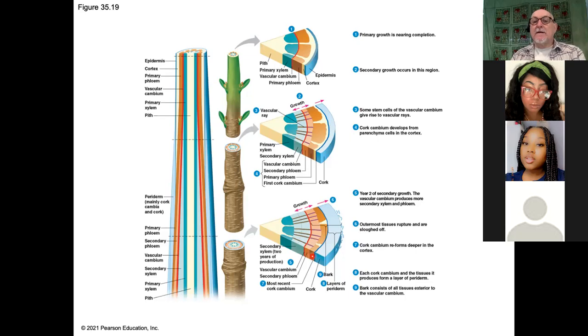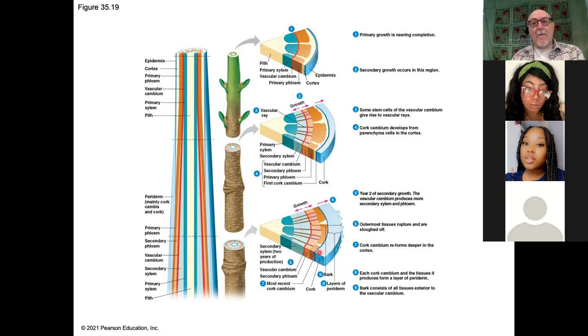And the phloem, as a secondary phloem, as it's produced year by year, the old phloem doesn't persist. It gets crushed into here and is lost as a thin layer of dead material against the cork.